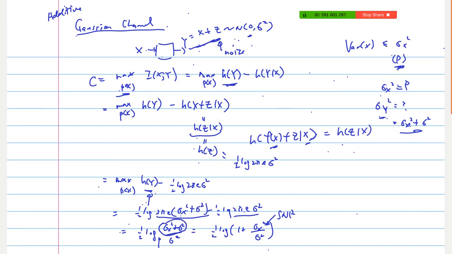I have therefore sigma x squared plus sigma squared over sigma squared, right? Yes, there's a plus in the operation.